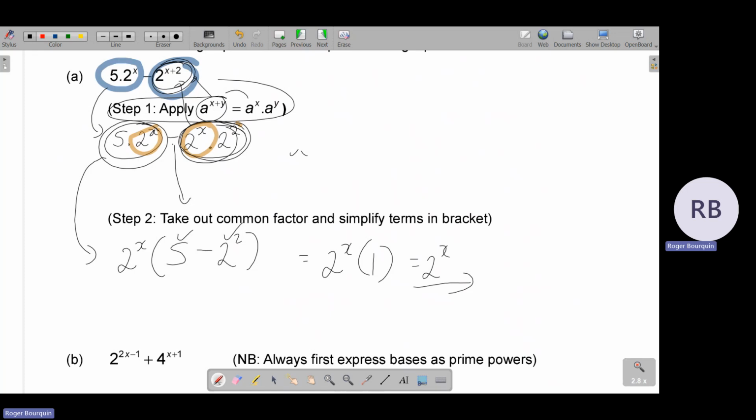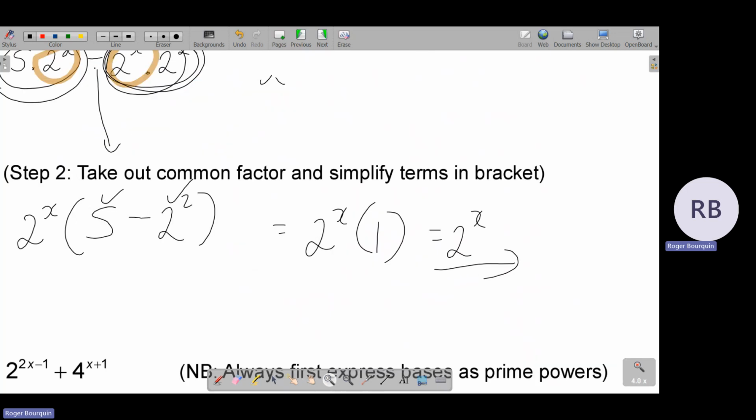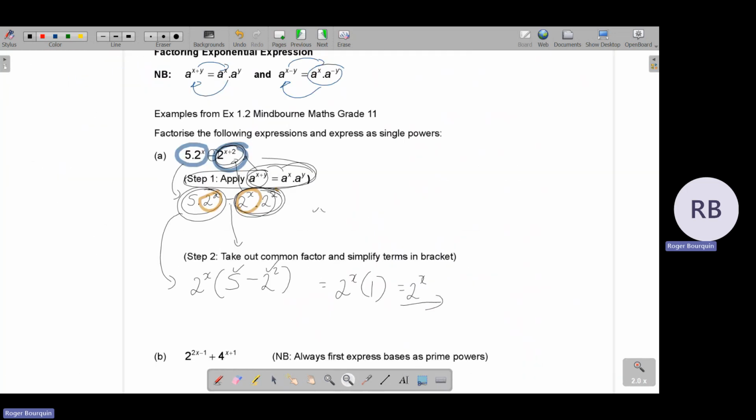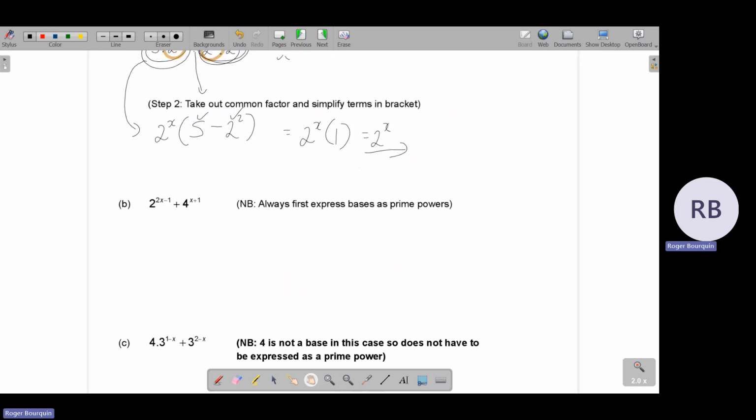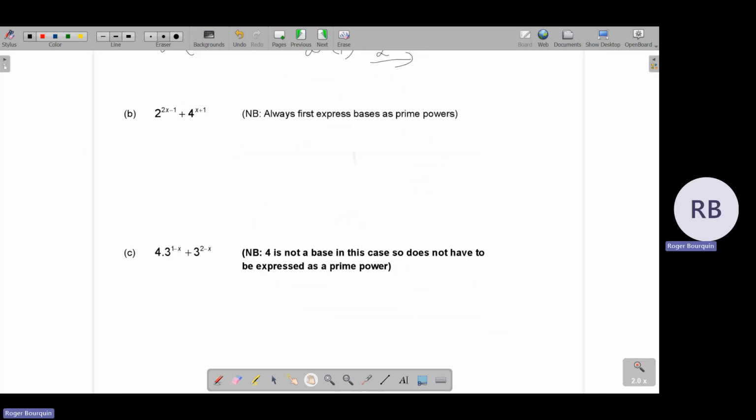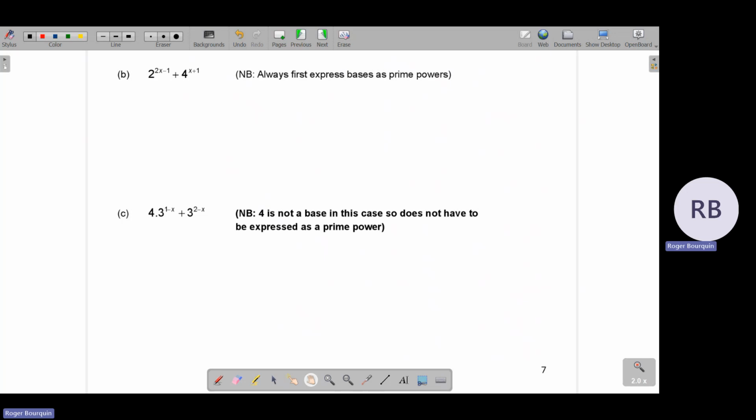So when you're adding and subtracting, this process of factorizing by first doing that split over there is a really useful tool. The difference with these ones is you're adding. The ones we did before, everything was multiplication. So if I look at this one over here, remember, always first get your bases as prime numbers.